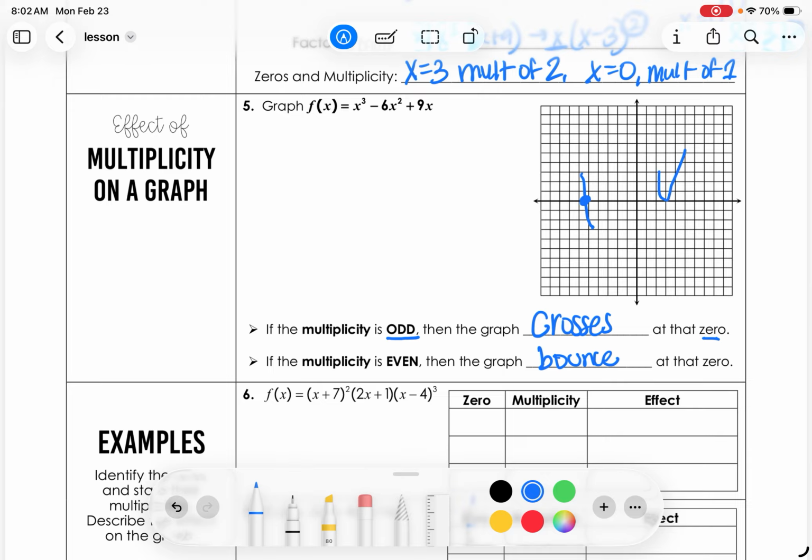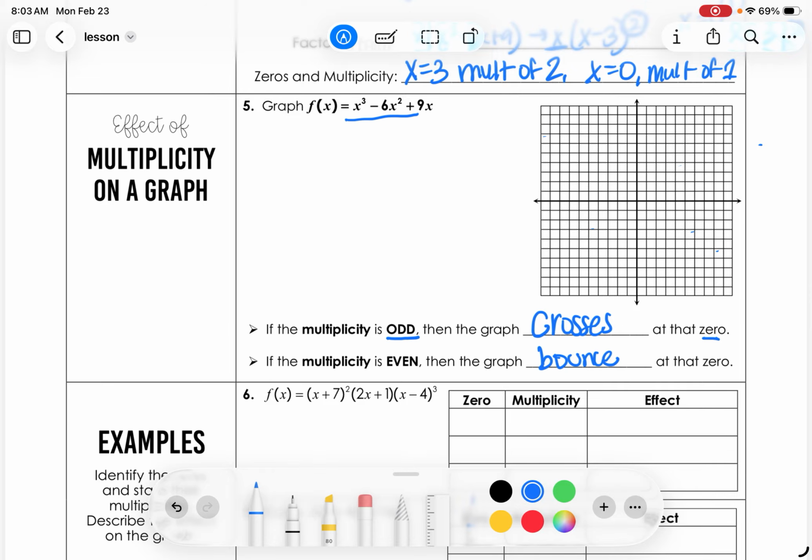This would be a bounce, so it bounces there. It starts, it goes down, and it goes back up, or it could do it on the other side too. So these are cross, these are bounce. And so we can get some additional information about what our graph looks like by understanding our multiplicities and our factoring. So let's work through this next one.